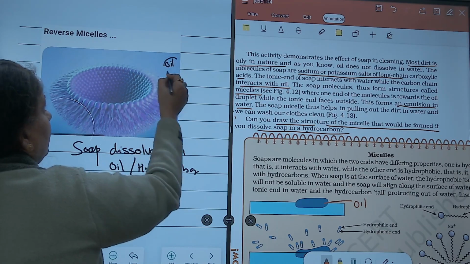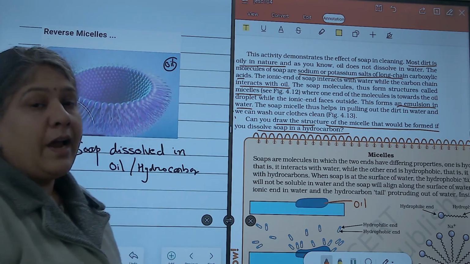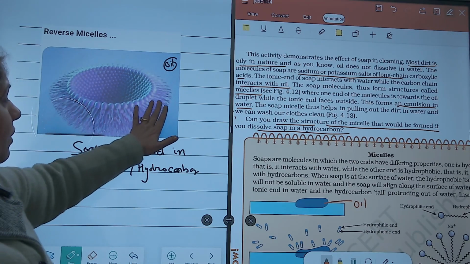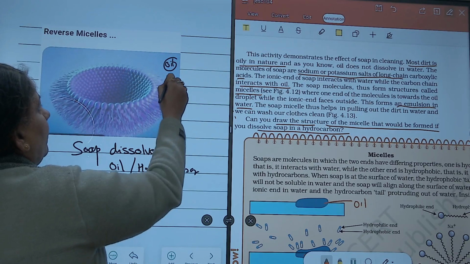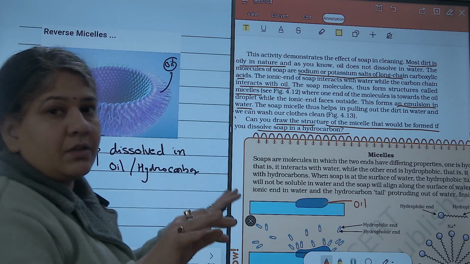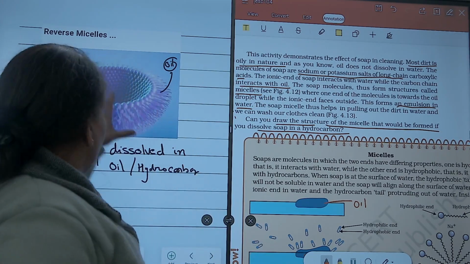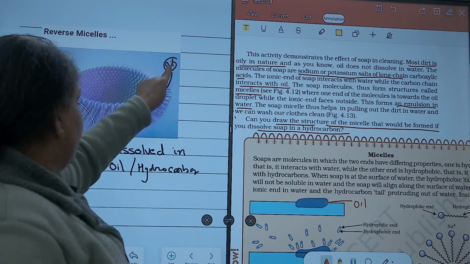So now this tail part is lipophilic or hydrophobic. So this part will easily dissolve in oil. So this will form the outer surface of the whole structure, which is in contact with the oil particles.